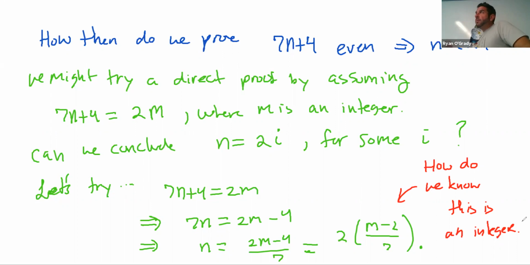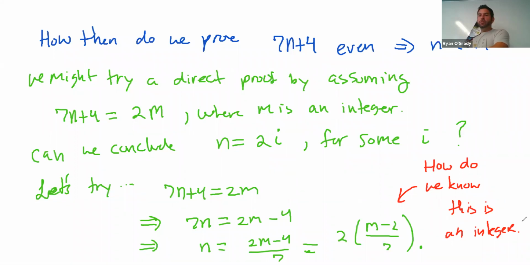So is there some argument that we can make that would make it easy to verify or conclude that m minus 2 over 7 is an integer? Maybe there is, but instead, let's realize what we could do here. This is what we call good quality analytic thinking.